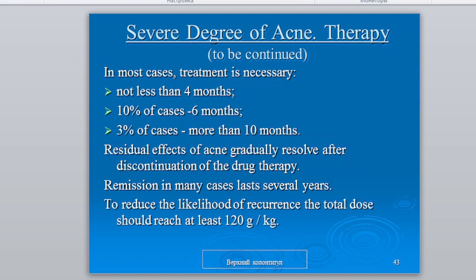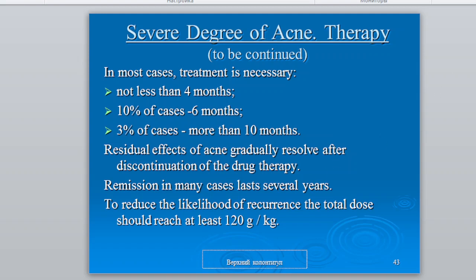Therapy is to be continued. In most cases, treatment is necessary for not less than 4 months. In 10% of cases, 6 months. In 3% of cases, more than 10 months.